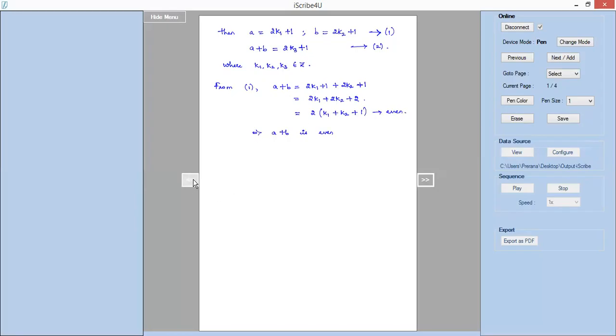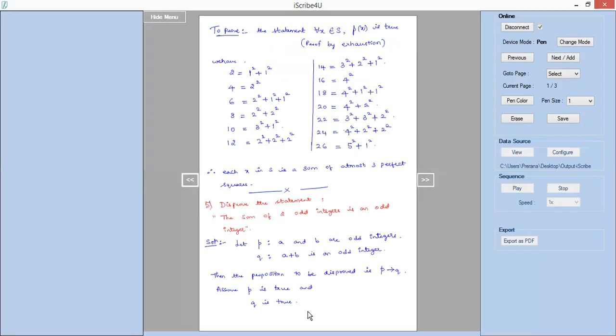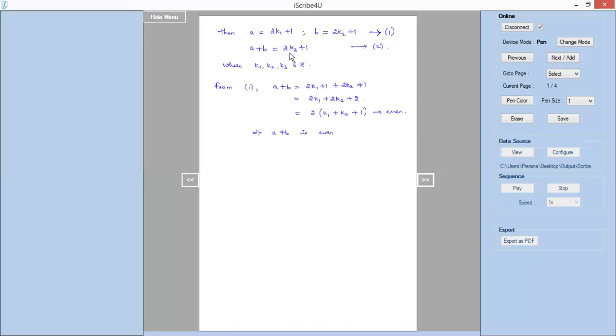But according to our assumption, equation 2 says A plus B is an odd integer. So this is a contradiction. From 2, it is an odd representation; from the derivation, we have A plus B is even. So this contradicts the assumption made in equation 2.